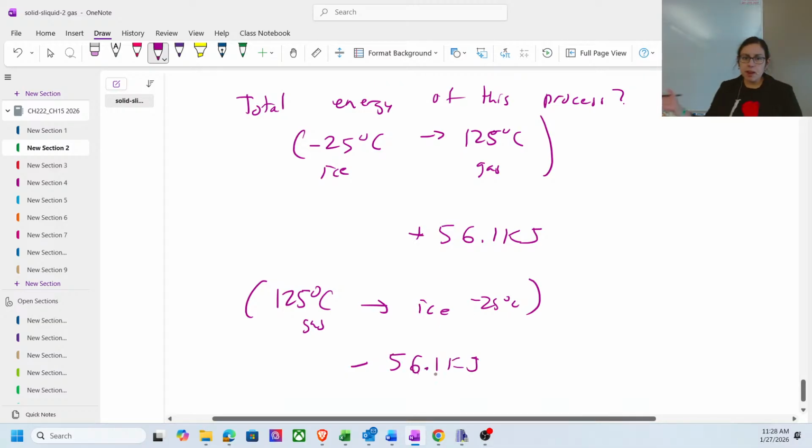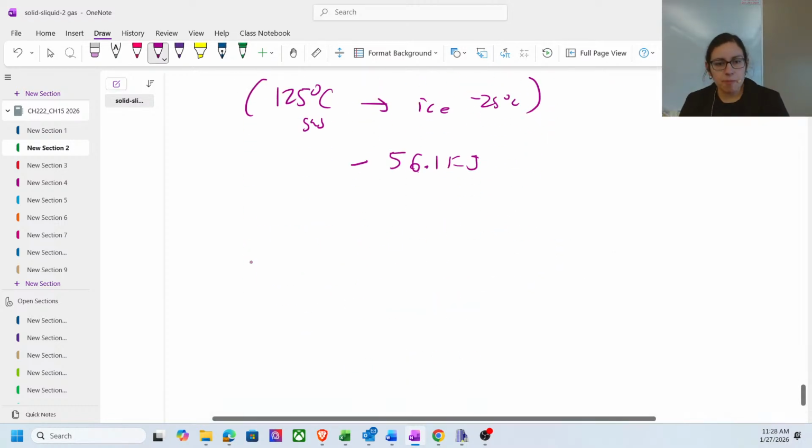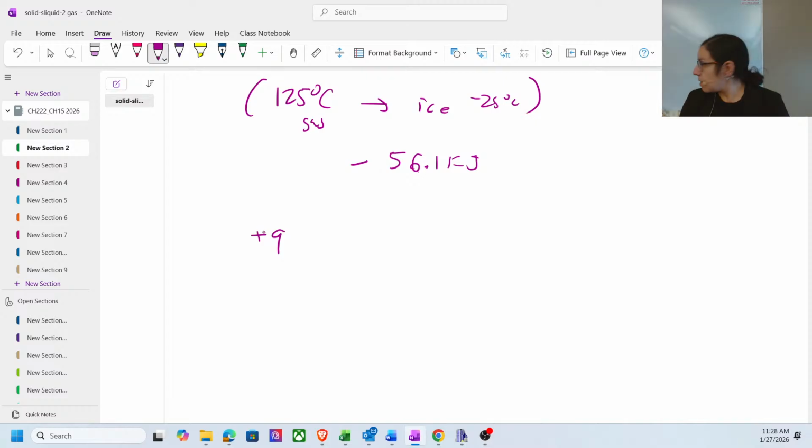So depending on which way you're going, that's what dictates the sign. Just to recap, when we see a positive Q, we're usually saying heat is being added, and negative Q, heat is leaving.